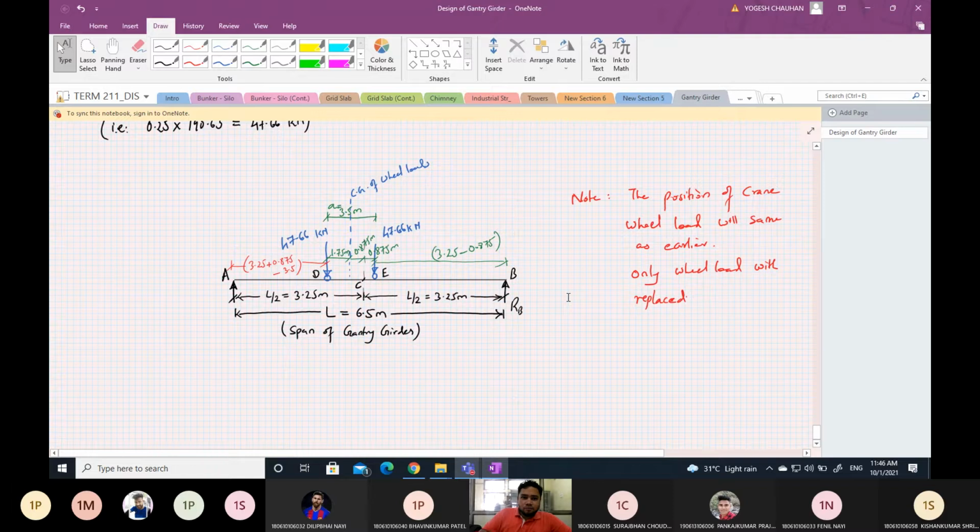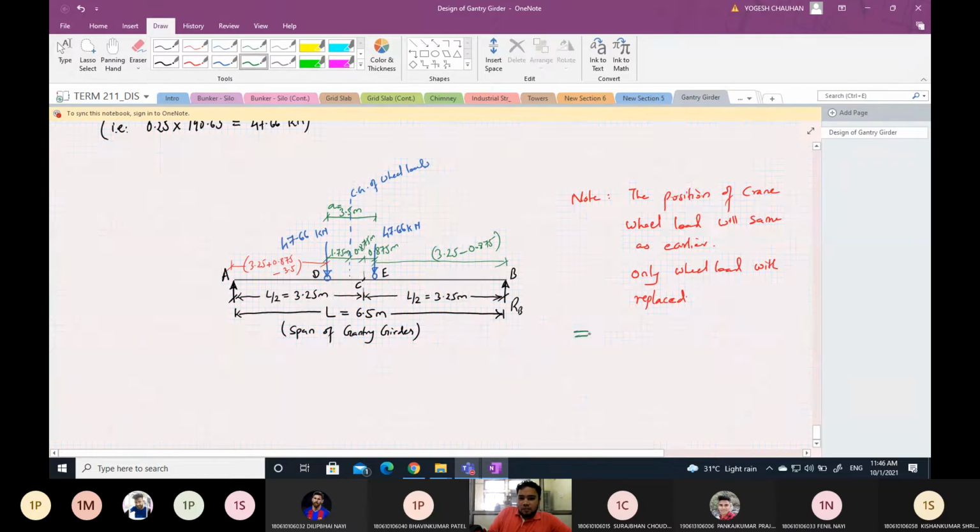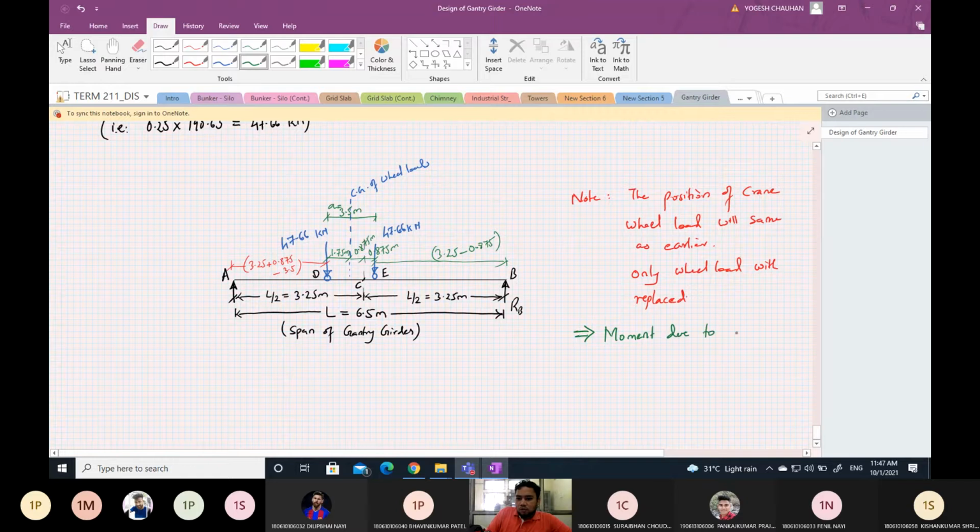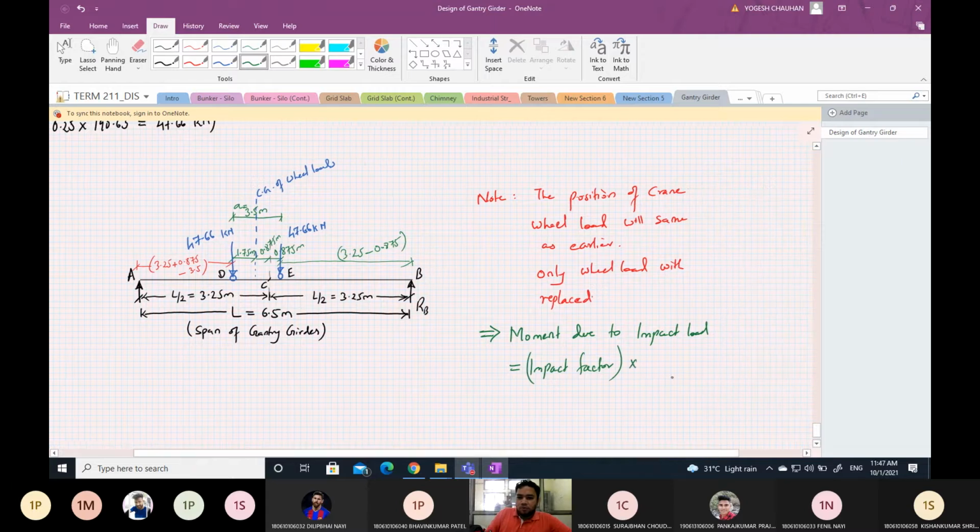So that means the moment due to impact load will be equal to the impact factor multiplied by the moment due to the maximum static crane wheel load.